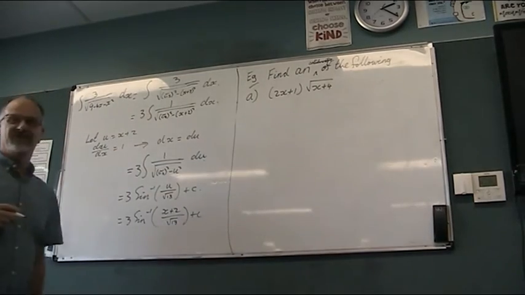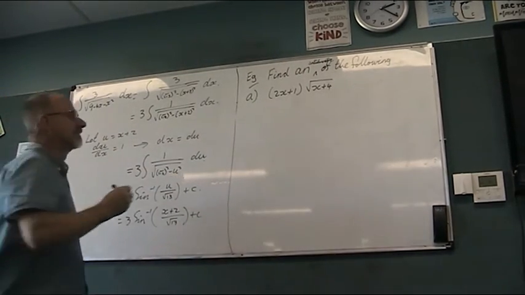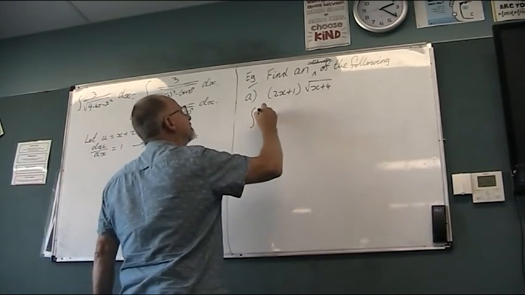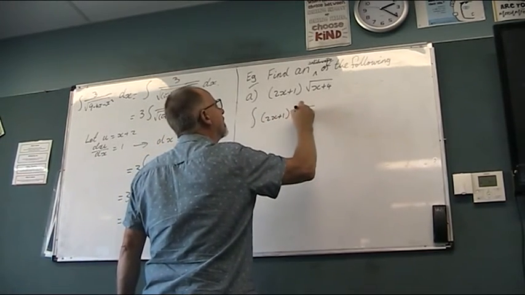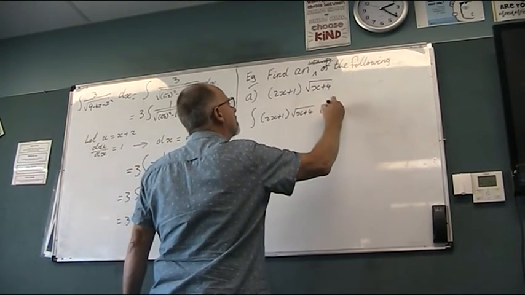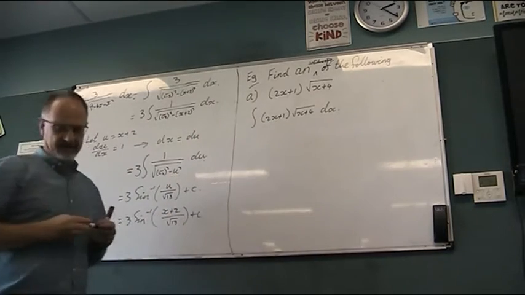Find an antiderivative of the following. Alright. 2x plus 1 root x plus 4 dx.